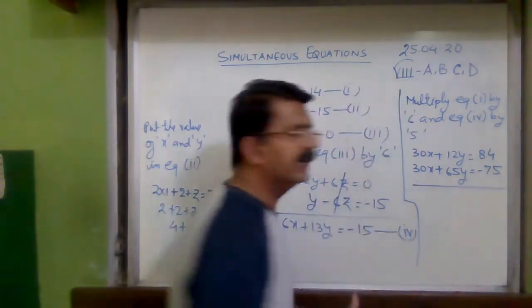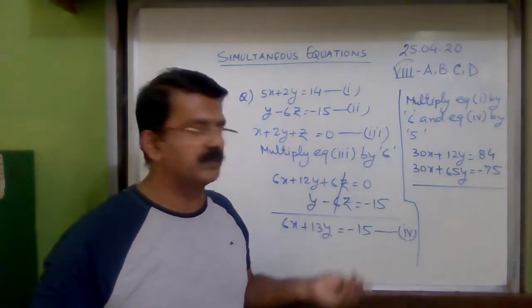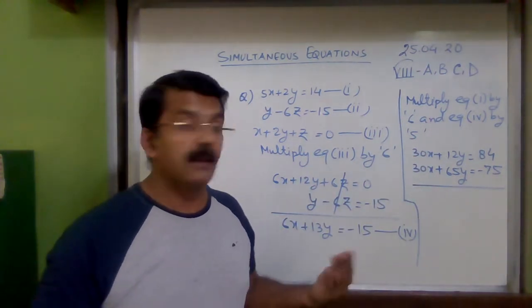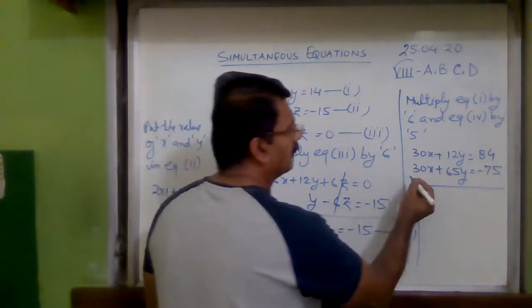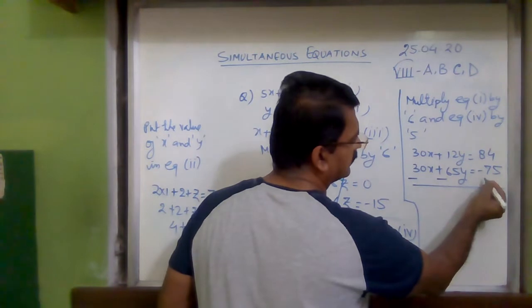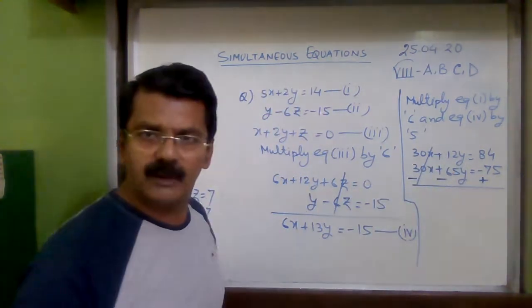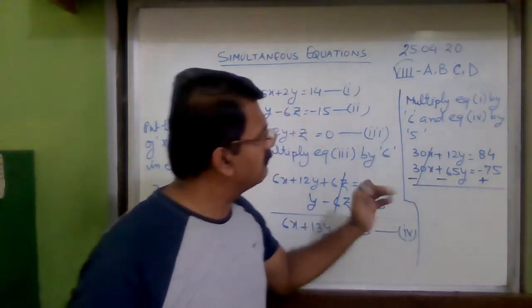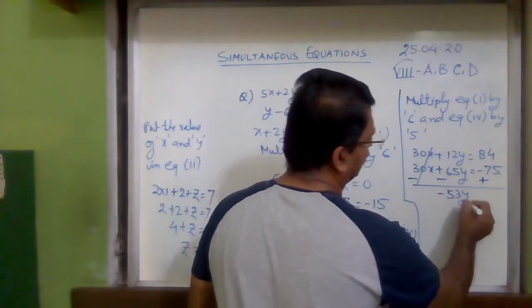Now you can see in both these equations we have the coefficient of x same, but we have to change the sign because both are positive. So minus, minus, and here it is minus already, so it becomes plus. So plus 30x minus 30x cancels out. Plus 12y minus 65y gives you minus 53y.